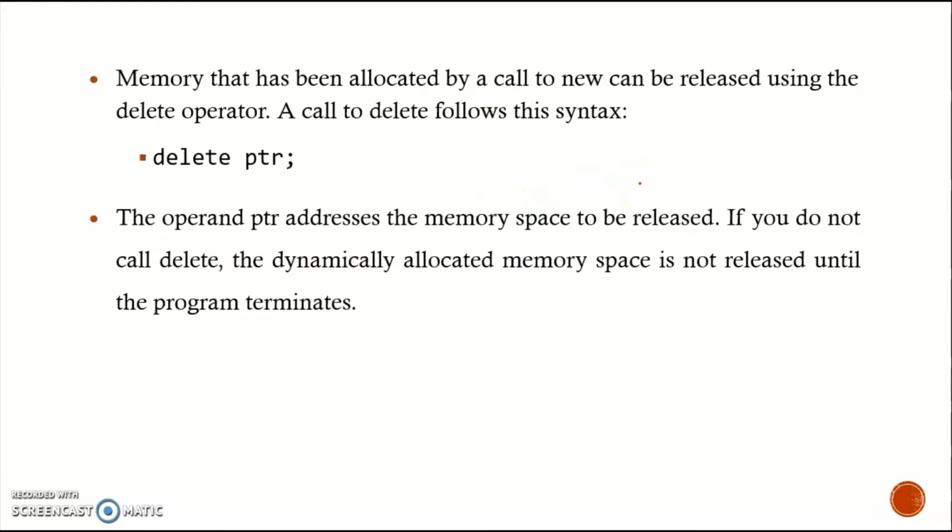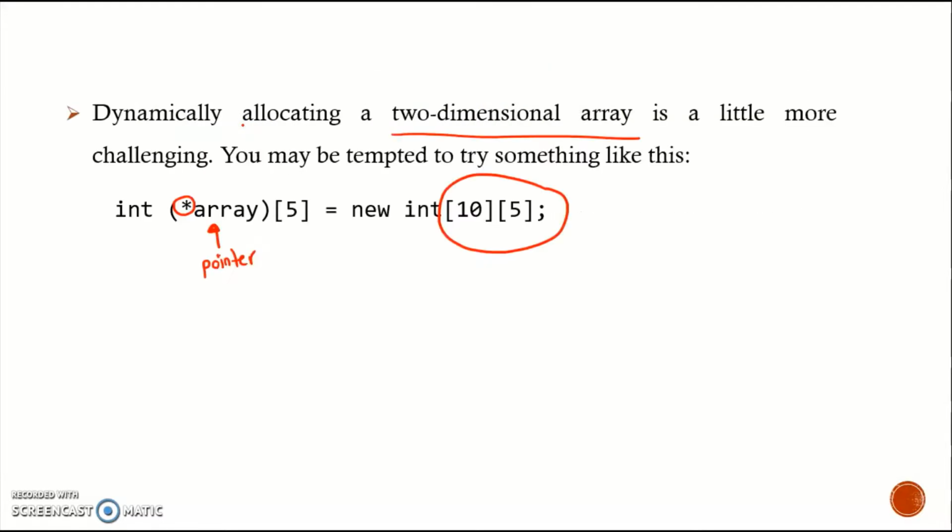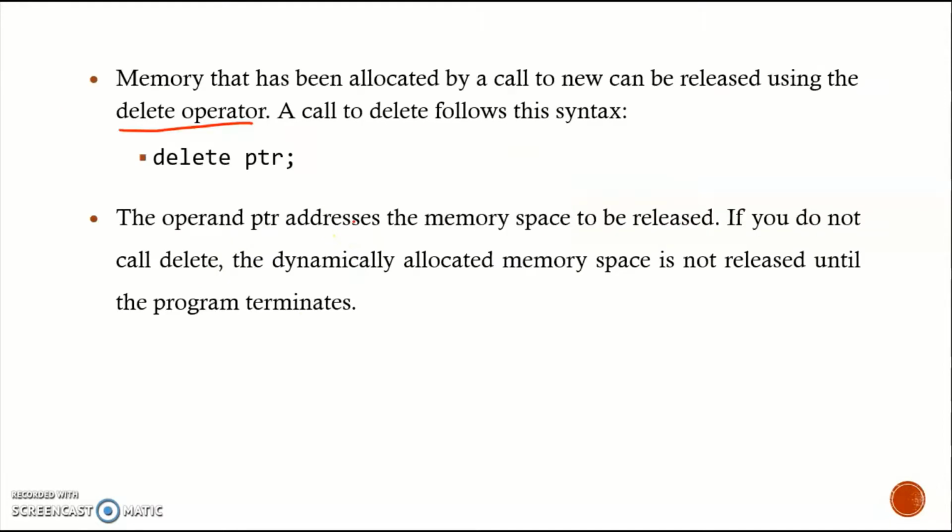Memory that has been allocated by a call to new can be released using the delete operator. Once you allocate this memory, it starts to use up some of the memory, and then you can release some of it by using delete on the pointer.